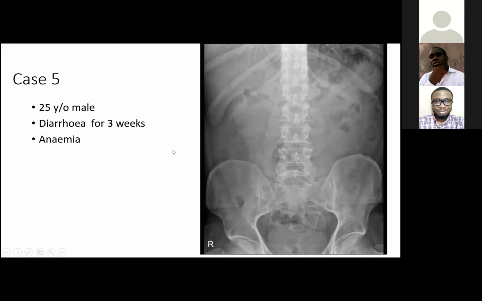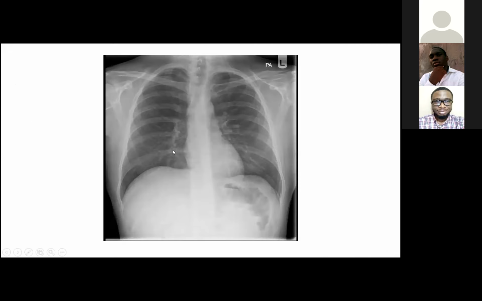Anyway, this was the initial examination performed for this young male, and he then deteriorated a couple of days later, and again the concern was, has he perforated? This examination was performed, which is an erect chest X-ray, and this is your exam of choice if you're querying bowel perforation, because in that case the free gas would collect below the diaphragm.